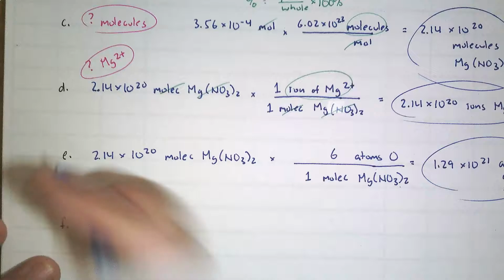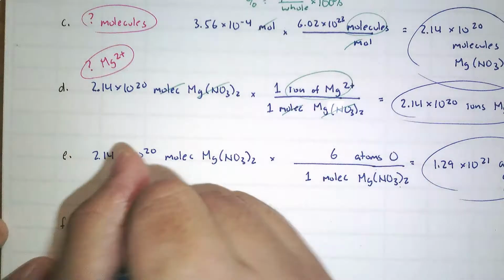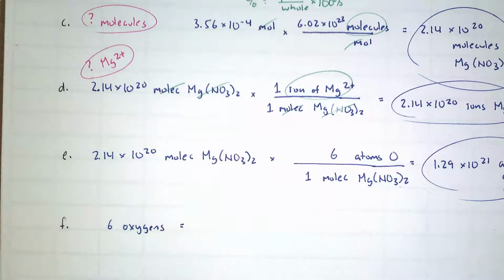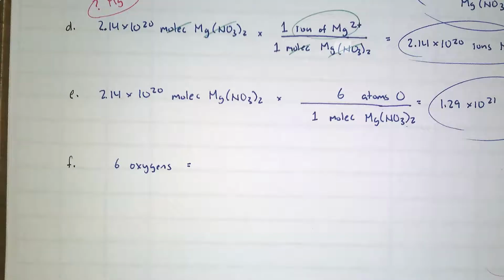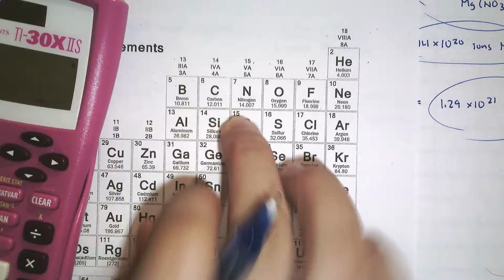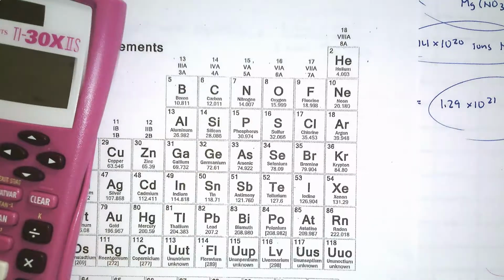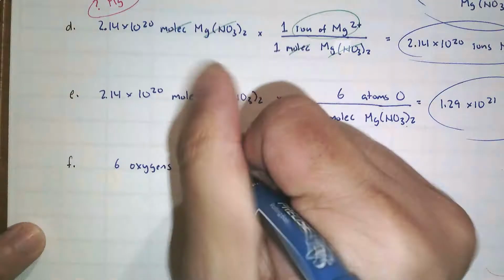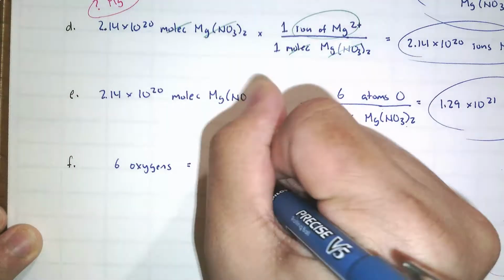So 6 oxygens equals, I want the molar mass of 6 oxygens. 6 times 15.999, that is 95.994.